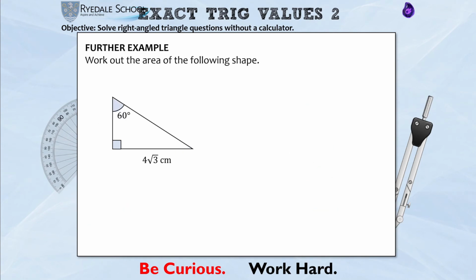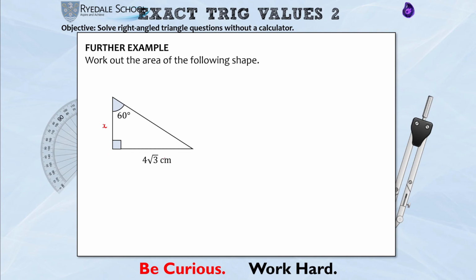Let's look at a final question where we've got to do a little bit more, and there's a question similar to this in one of the questions that you're going to do for me today. It says, work out the area of the following shape. Well, we know this shape is a triangle, and we also know that if I knew the triangle's height, I could do base times height divided by 2.